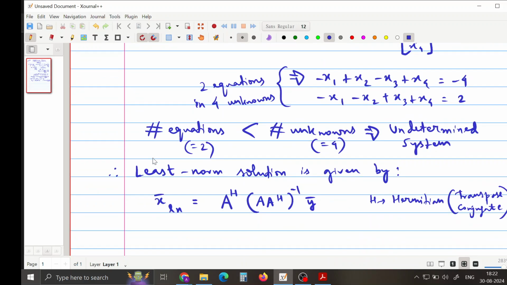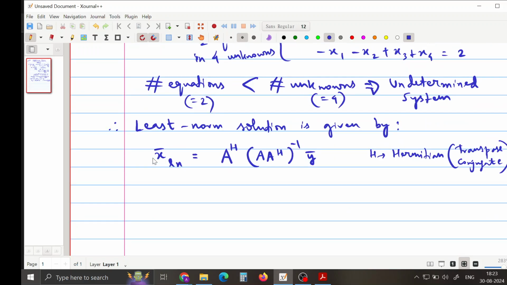So the complex conjugate part doesn't make any difference. Hermitian is the same as just the transpose. The conjugate is redundant, it won't have any effect. So I can replace the Hermitian by transpose. The Hermitian is a more general case which applies to a complex matrix, but in our case we have a real matrix.